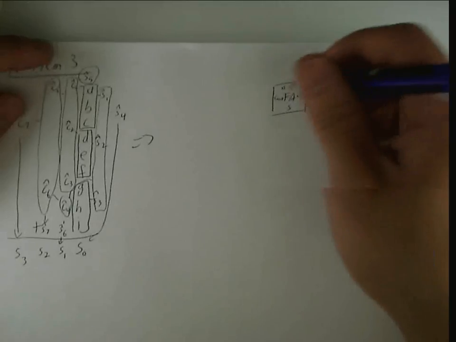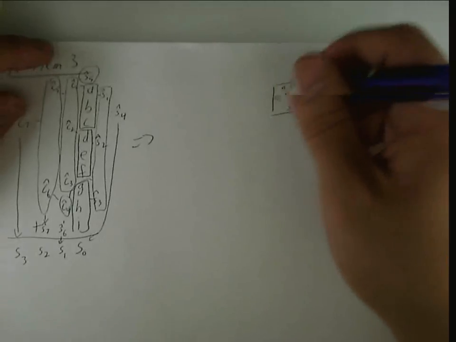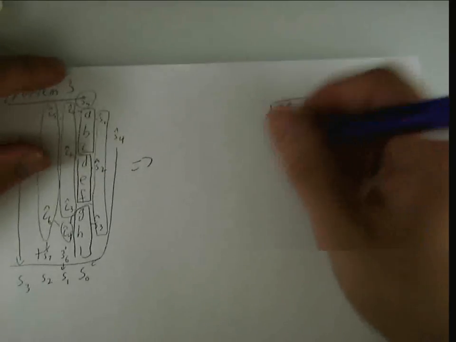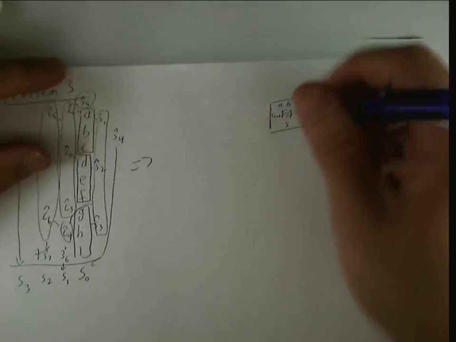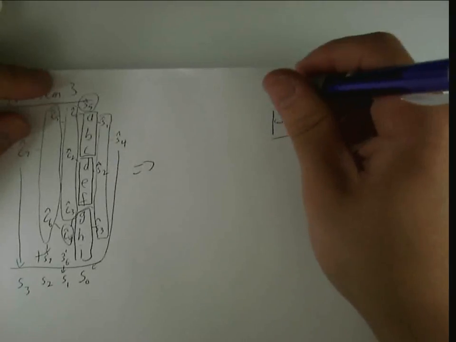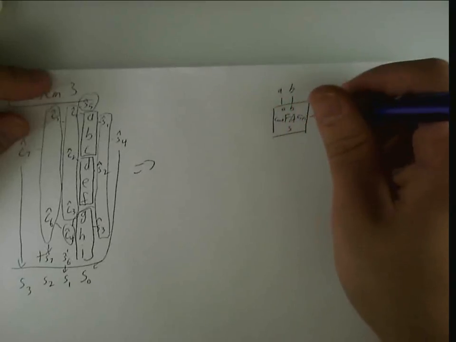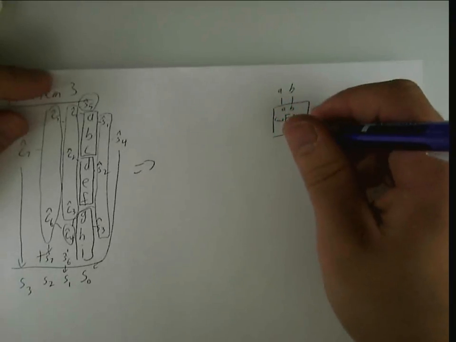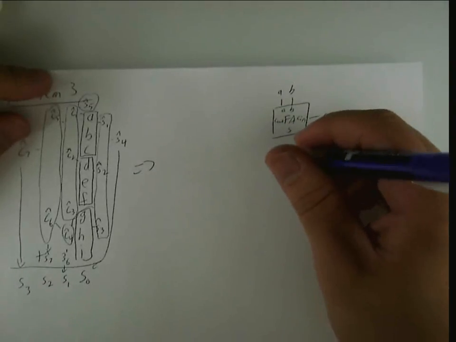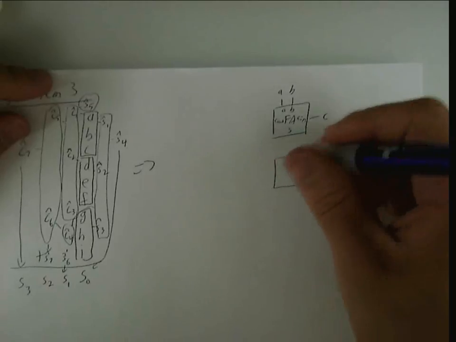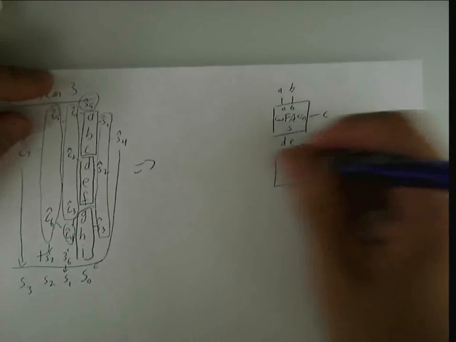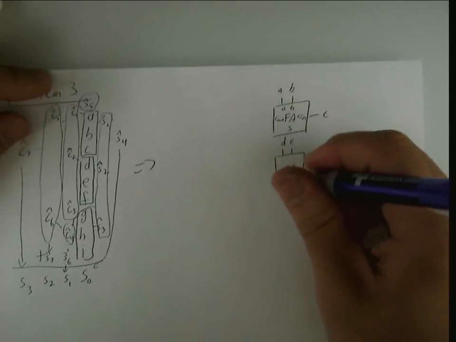Now I know that all full adders have to maintain the same configuration, and I will only put a box of FAs to indicate that. So for the first one, I'm going to put A and B in, and C in, and for the next one I will put D and E in, and F into this. This is another full adder box.